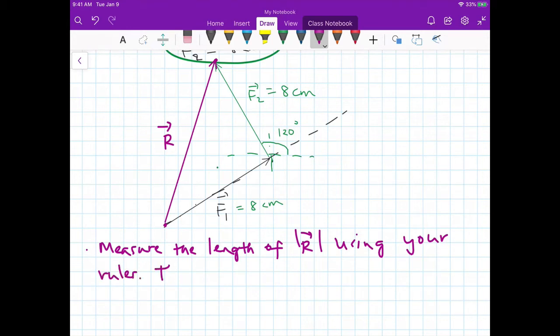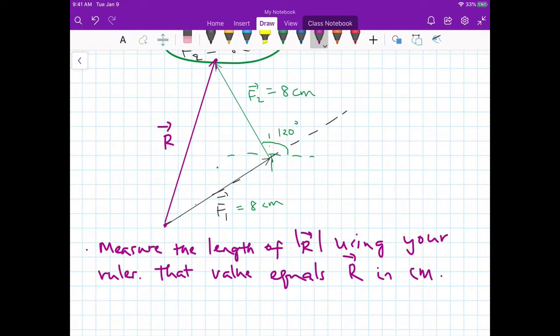That value is equal to R in centimeters. Okay, in centimeters.